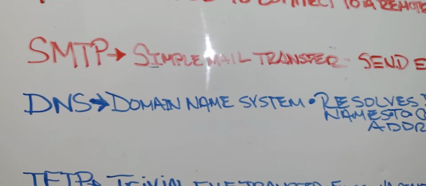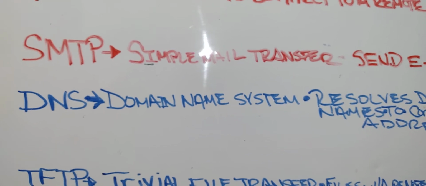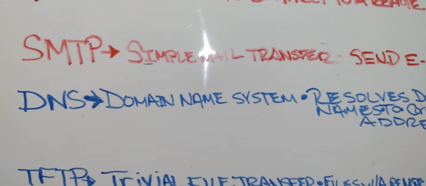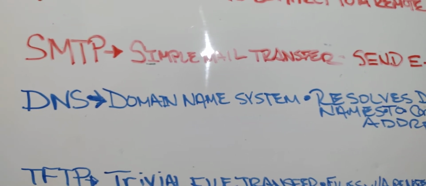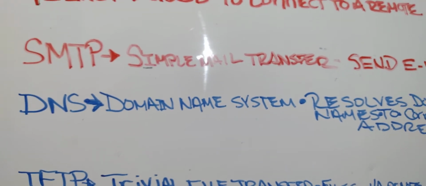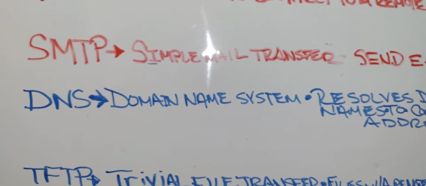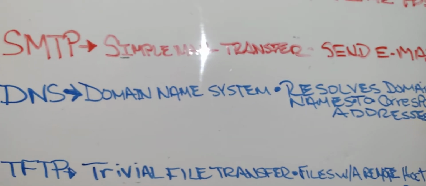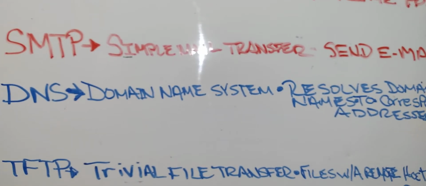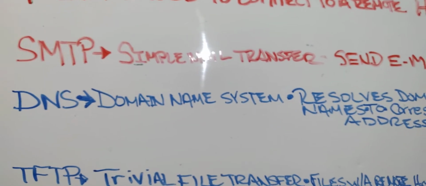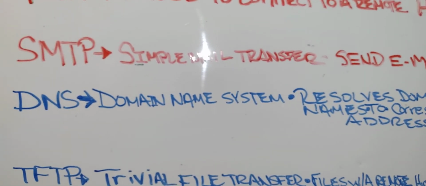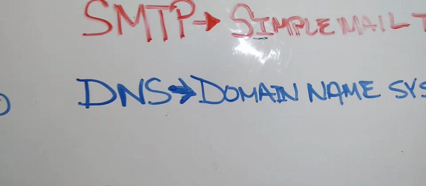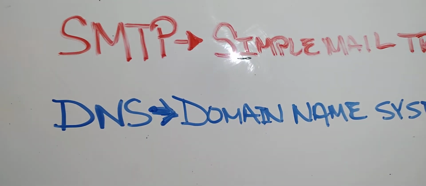You could go by the names. The IP addresses are very long, 32 bits. So the Domain Name System resolves the domain name to corresponding IP addresses. I guess that would be the key term, IP addresses. This makes it a lot easier, a lot simpler for end users.